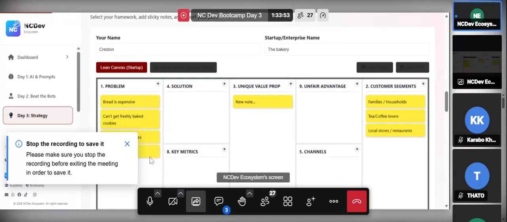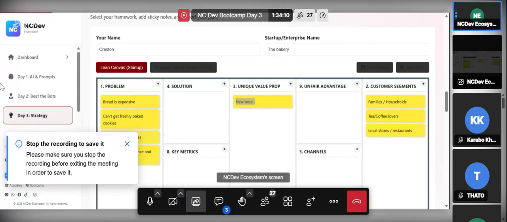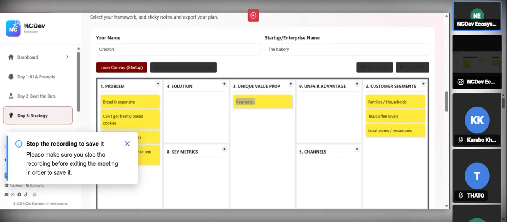So one of the problems that we've identified was the regulatory compliance and skills gap, right? And then what's going to make us unique is our solution surrounding that.